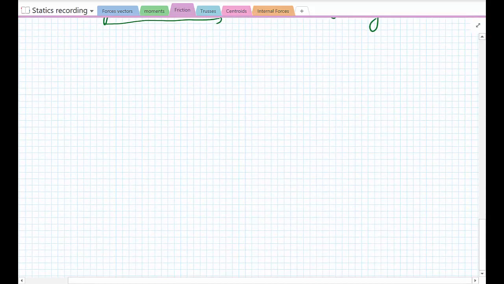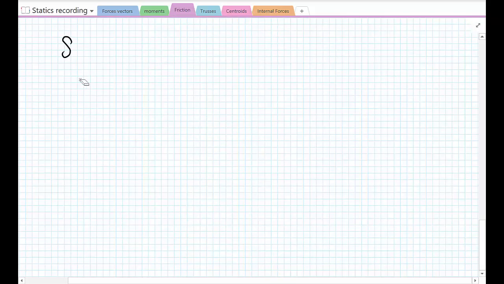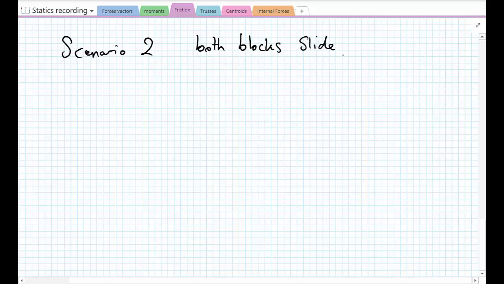So let's write down what scenario 2 looks like. Scenario 2, both blocks slide.